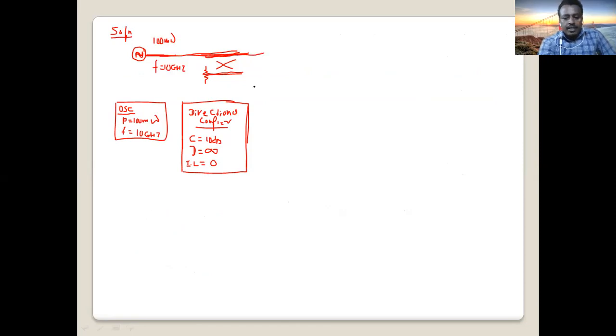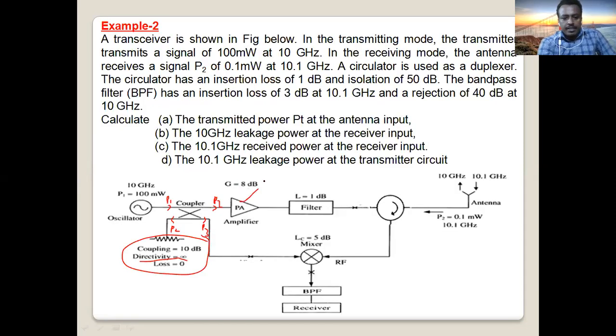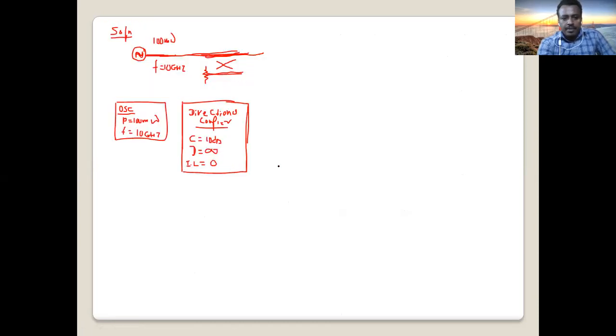What's the next device in our transmitter? The parametric amplifier. The output of the directional coupler goes to this parametric amplifier.